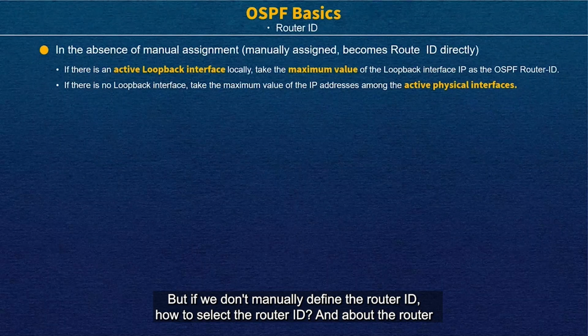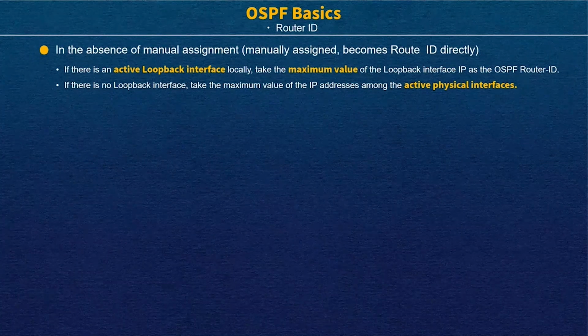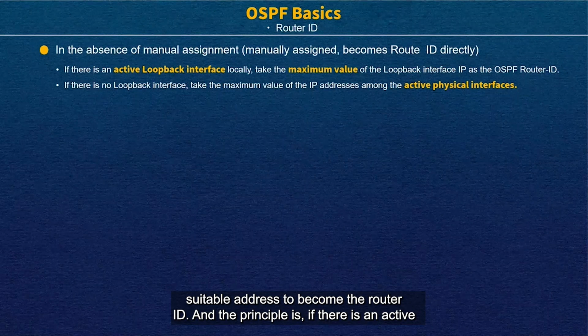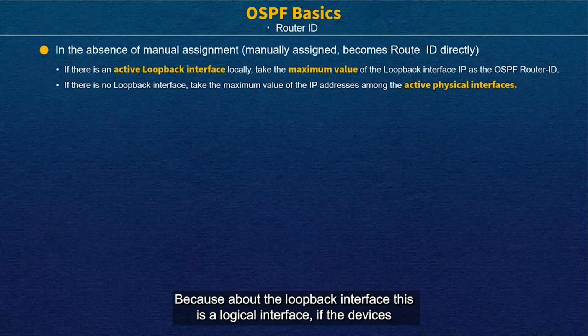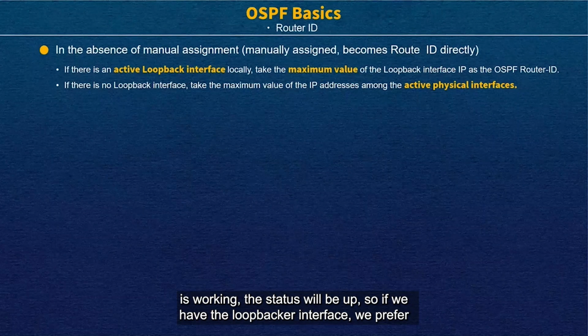But if we don't manually define the router ID, how is it selected? The router ID format is the same as an IP address. So we will select a suitable IP address to become the router ID. The principle is, if there is an active loopback interface locally, take the maximal IP address of the loopback interfaces as the OSPF router ID. Because the loopback interface is a logical interface, and if the device is working, its status will be up.